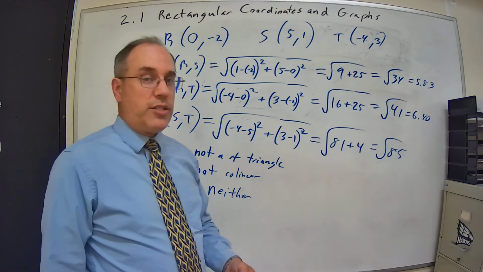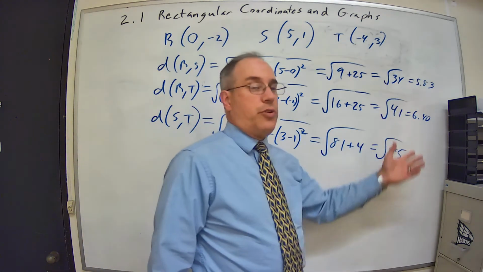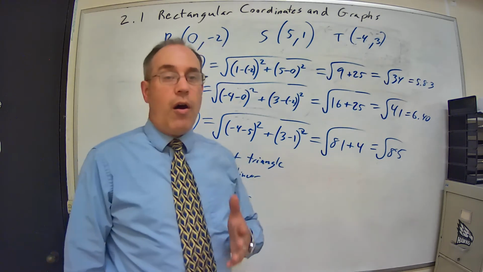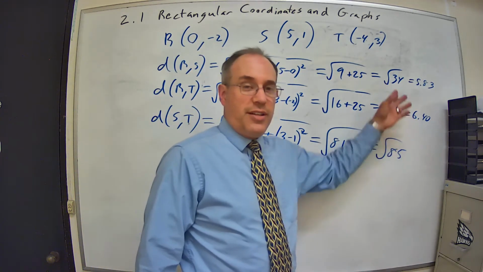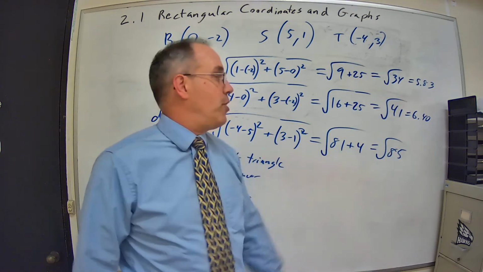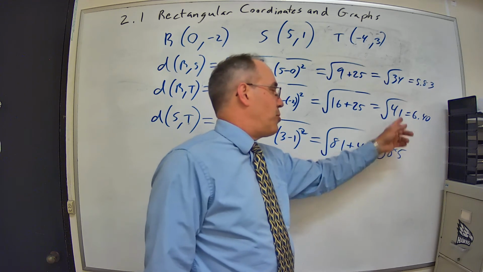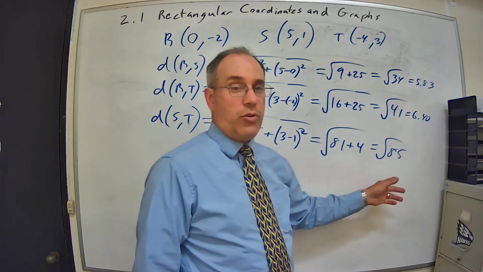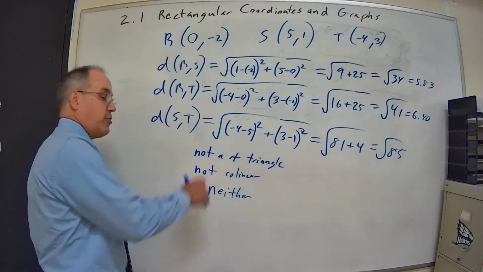And realize that you want it to be really, really close if you're dealing with collinear, because it's very possible you could have 3 points that are almost collinear, therefore the distances come out close but not the same. So you want to be very precise when you're dealing with that. I didn't have to be so precise because this obviously was not collinear, it was way too far off. But it's also obviously not a right triangle.